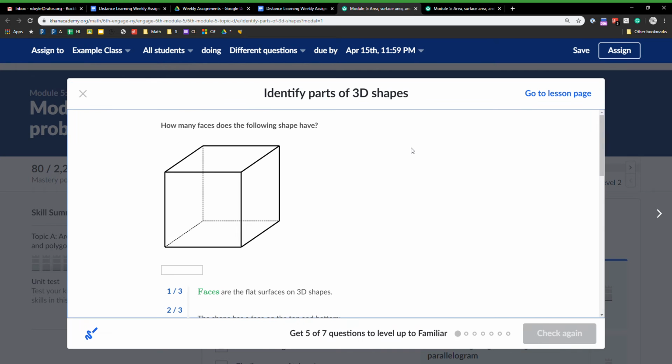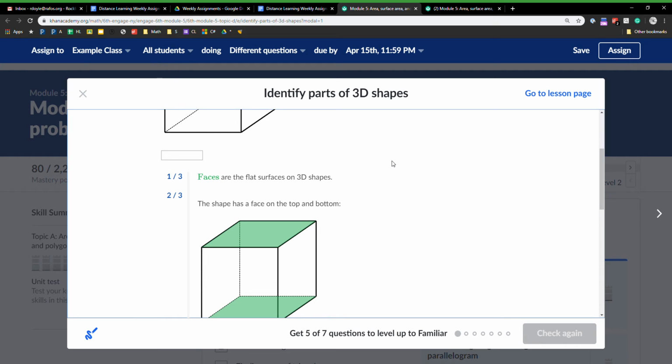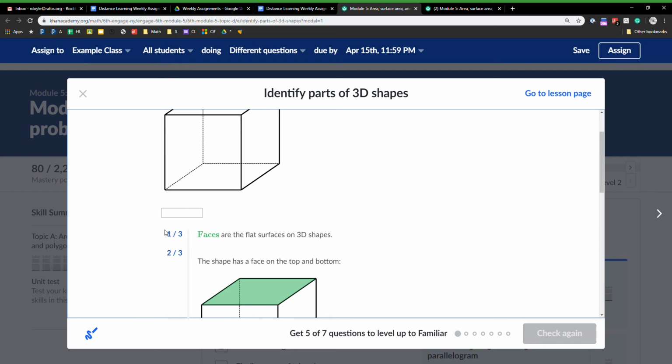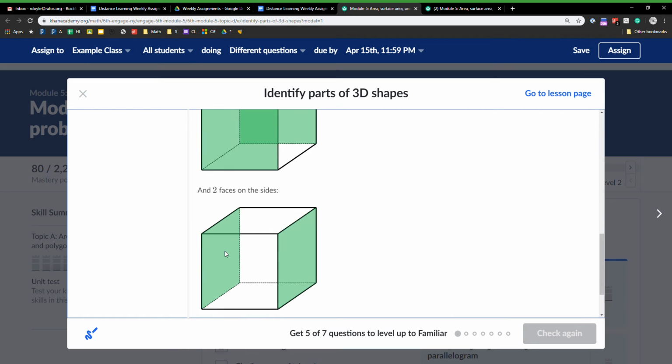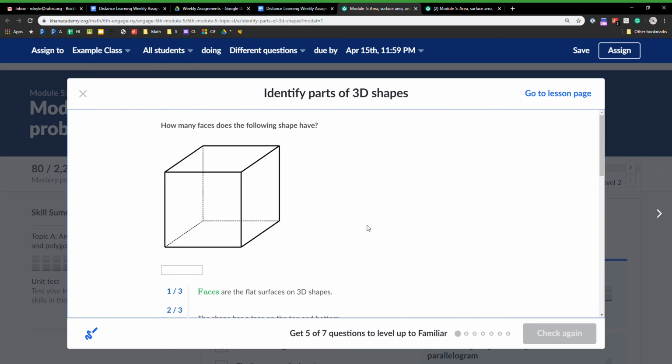In this one, you are primarily going to be looking at faces. A face is what we would normally call a side. This is a 3D shape, and it has the top and the bottom, the front, the back, the left, and the right.